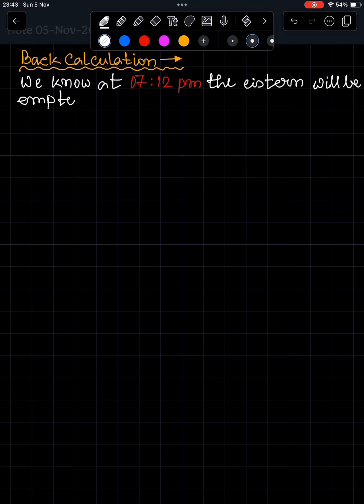calculation which is called back calculation to check if the answer is correct or not. So for back calculation, we know that 7:12 p.m. is the time when the cistern will be emptied, right?